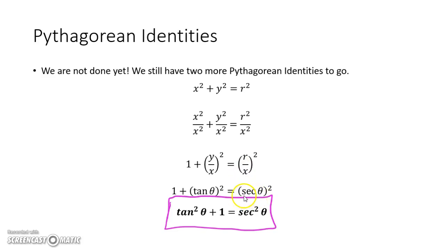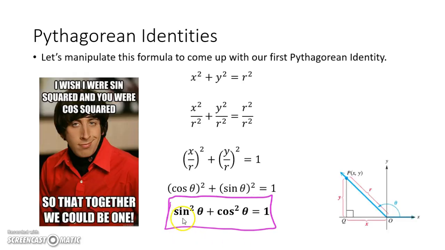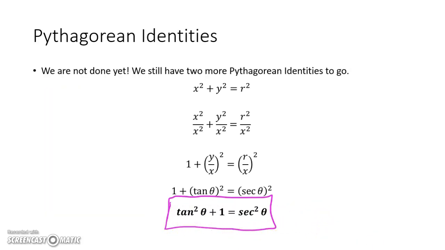So secant was the opposite of cosine. So if we rewrite this, it's tangent squared theta plus 1 equals secant squared. So this second formula allows us to switch between tangent and secant, whereas the formula on the previous slide allowed us to change between sine and cosine easily. We just have to plug in one value and solve for the other.